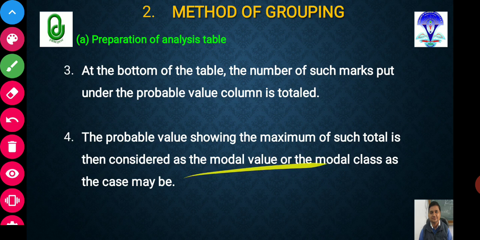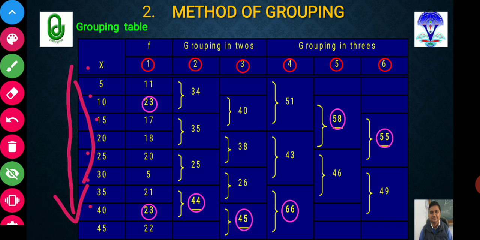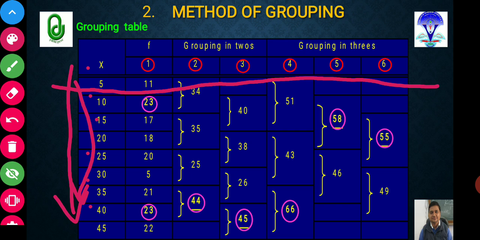So this is the grouping table, and you can see these are the values from which you will get the probable value. Here you can see in the first row there is no maximum value associated with it, so we will ignore the first row, the first value, that is 5.